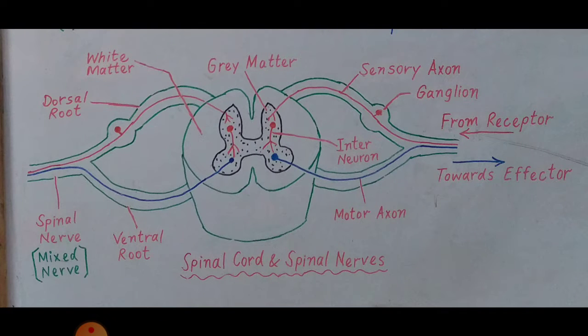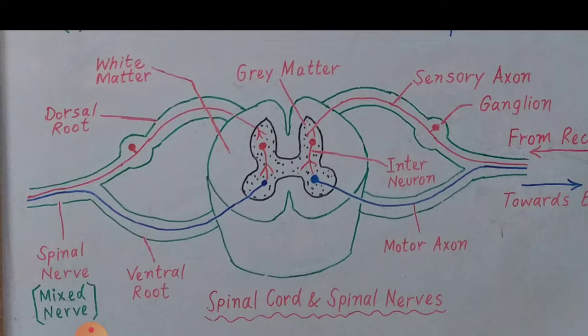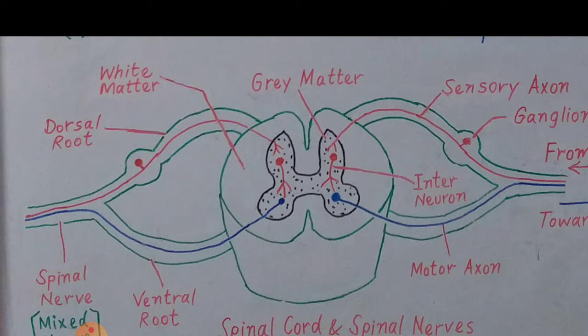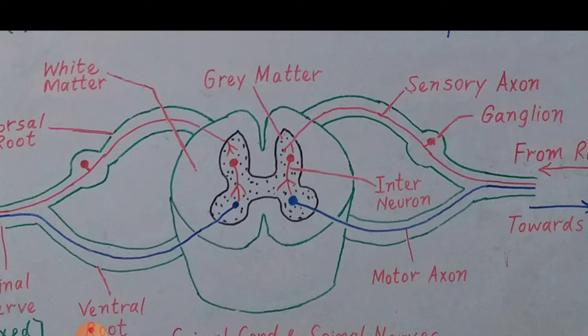Now we'll see the cross section of the spinal cord. In the cross section area, the white matter is the outer region of the spinal cord, and the inner butterfly shaped area is the gray matter.